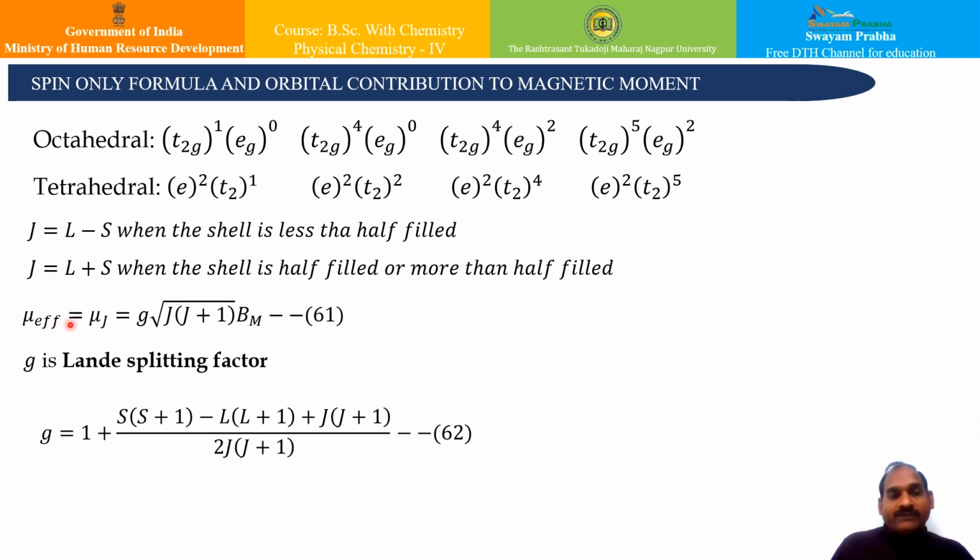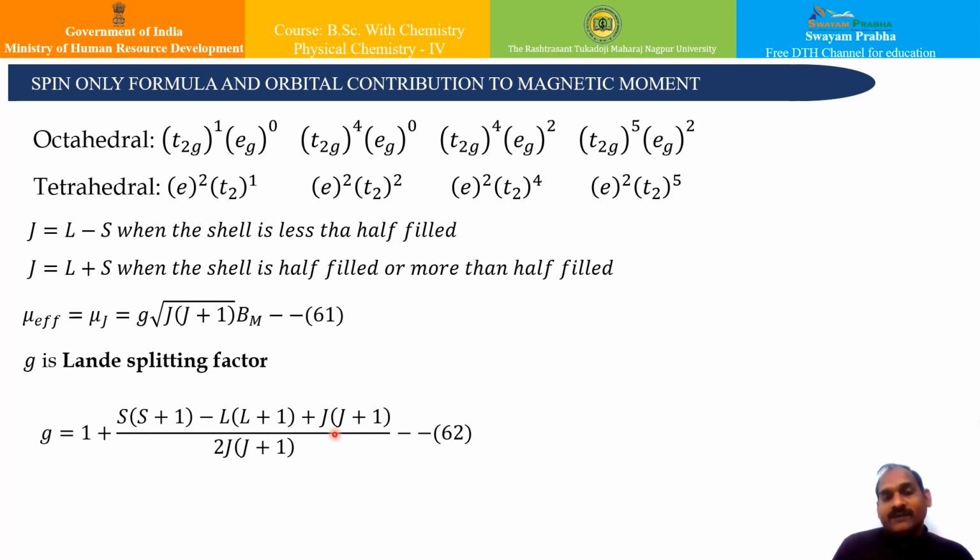So mu effective is equal to mu J is equal to g into square root of J into J plus 1 into BM, where this g is the Landé splitting factor, and it is given by this particular expression. It is actually nothing but the ratio of spin magnetic moment to spin angular momentum.